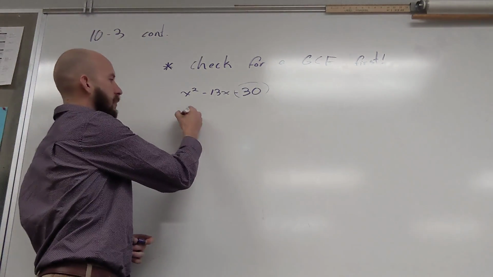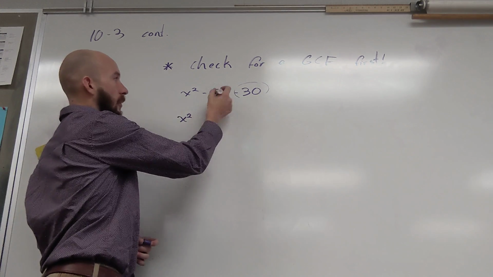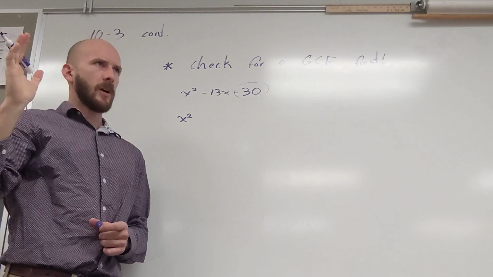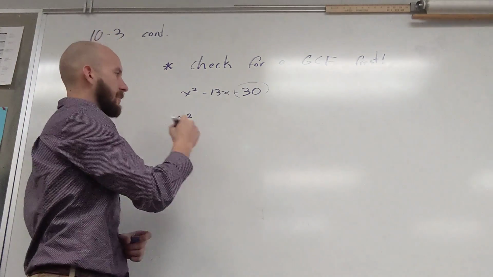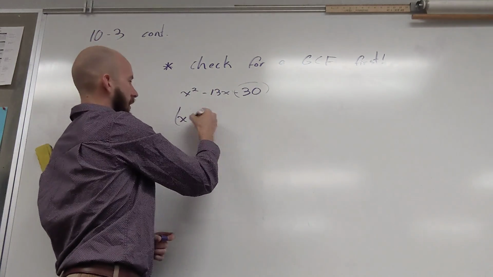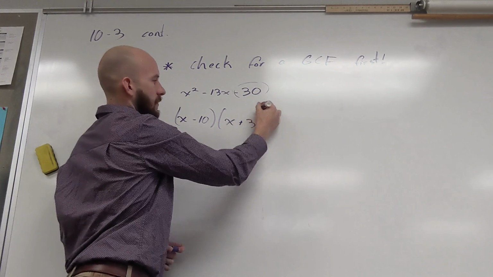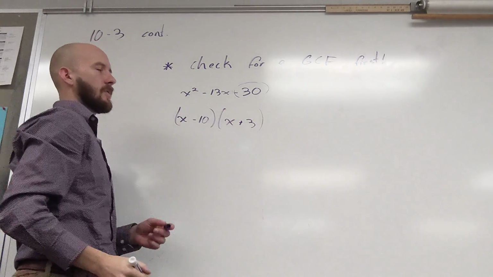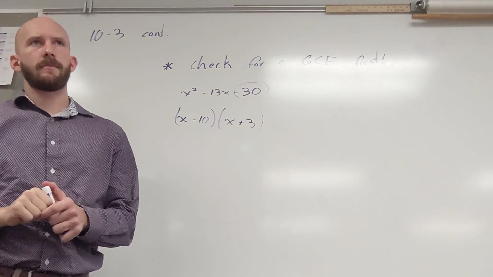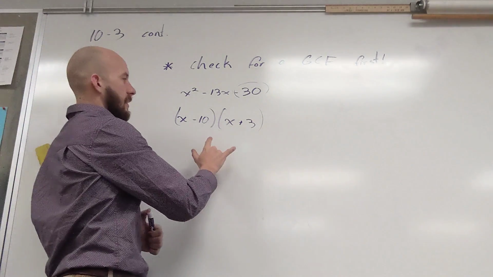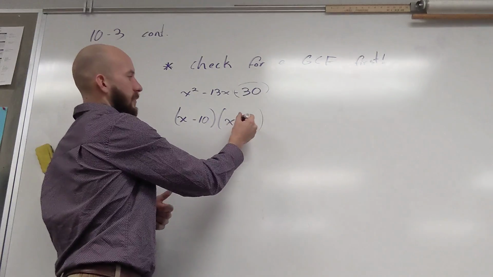I had a lot of people put, when they looked at this, they automatically thought 10 and 3, right? But watch what happens. If I put x minus 10 and x plus 3, that doesn't give you -13, does it? No. And I saw some people do that.